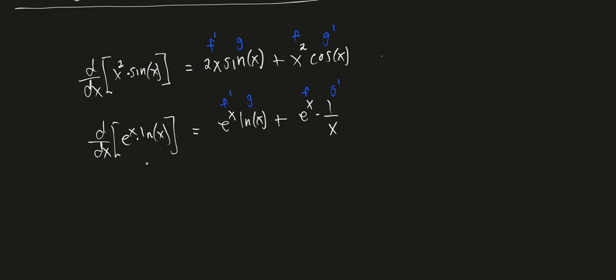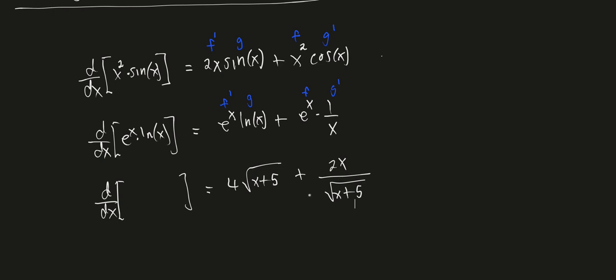Now let's try another one. I have a few more of these just to get the product rule juices flowing. Now suppose I have 4 times the square root of x plus 5, plus 2x over the square root of x plus 5. So this one might be a little harder because I don't really see that clear pattern. But one thing we can do is modify this second term, this fraction.